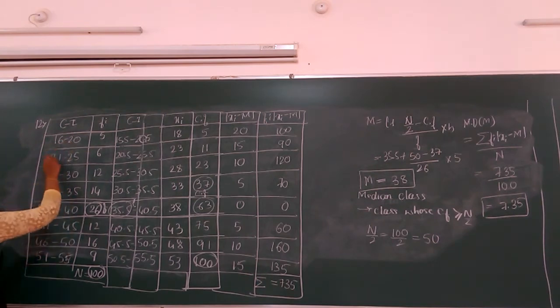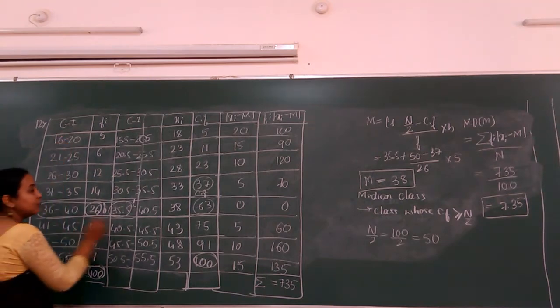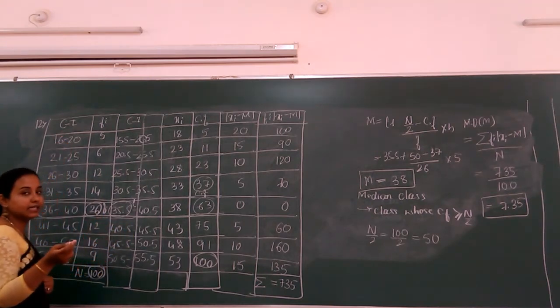After 20, the next is not 20, it has become 21. After 25, it is not 25, it has become 26, and so on. Such intervals are exclusive intervals. But you should always have inclusive or continuous intervals so as to find the mean deviation about mean or median. So let us make these intervals continuous.